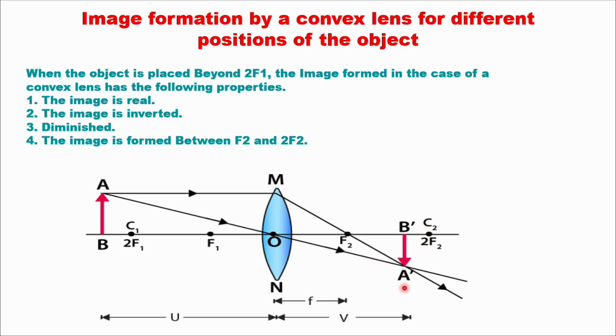The image is real, inverted, and diminished. Diminished means small compared to the object size. And the image is formed between f2 and 2f2.